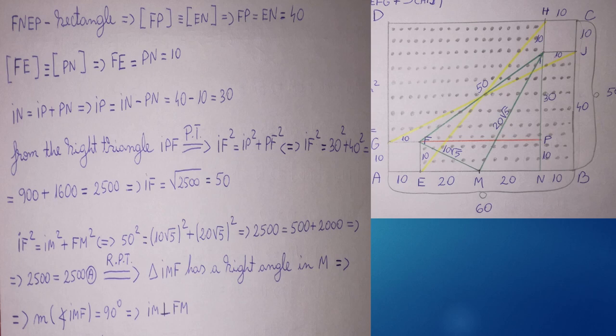So 2500 is equal to 2500, which is true. So we have from the reciprocal of Pythagoras' theorem that the triangle IMF has a right angle in M. So the measure of the IMF angle is equal to 90 degrees. So IM is perpendicular on FM.